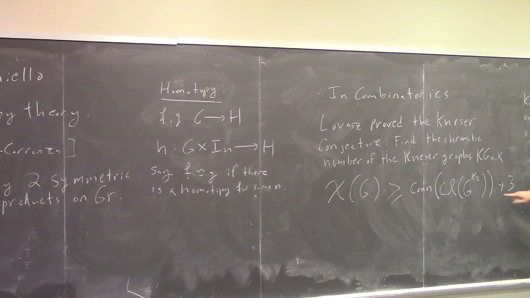Now remember, I had a closed monoidal structure, which means I had an internal HOM. So G to the K2 is the same thing as HOM from K2 into G. So this is a graph, and I want to get a space out of it. That's what this CL does. CL is called the clique complex functor.